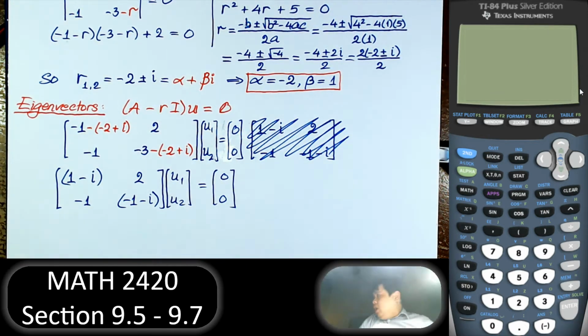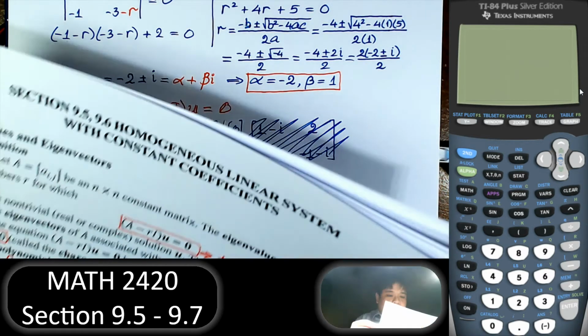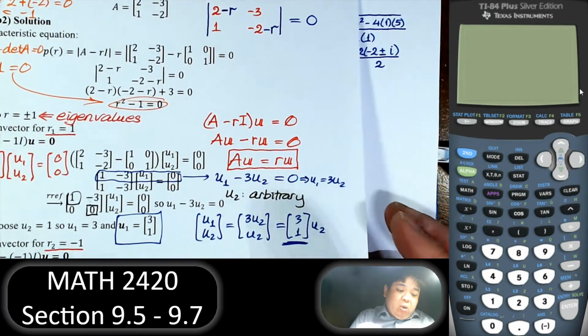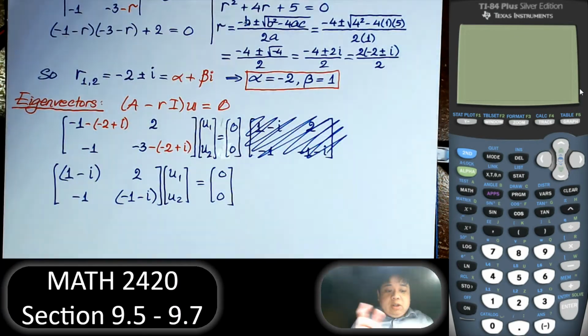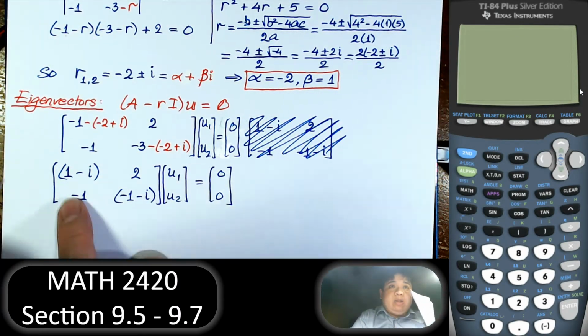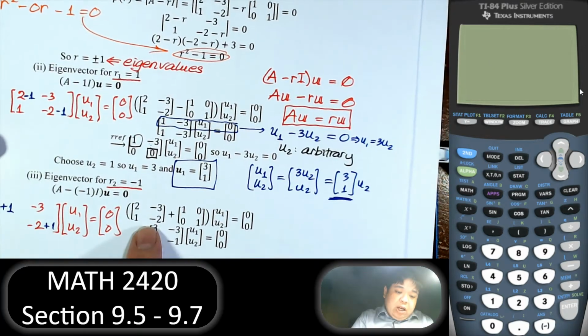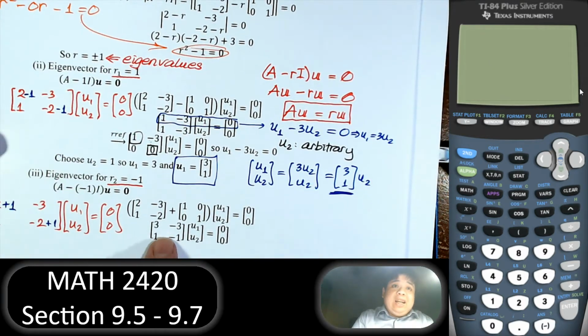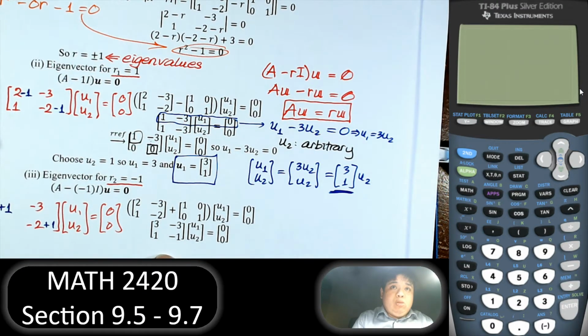Now, usually we use the reduced row echelon form after this. But if we do it correctly, when we have the eigenvalues, those two rows will be linearly dependent. So one row is a multiple of the other row.